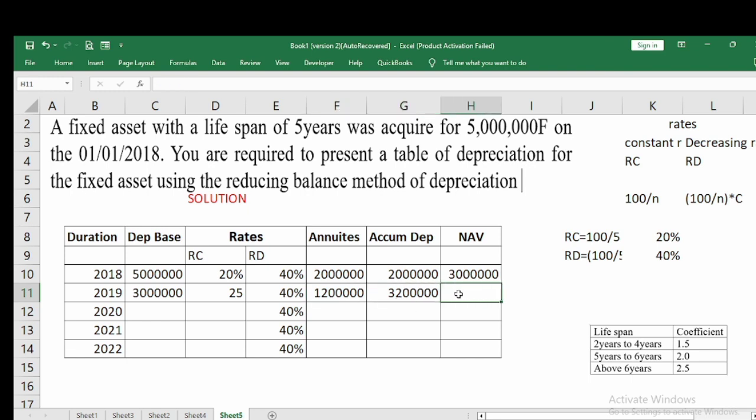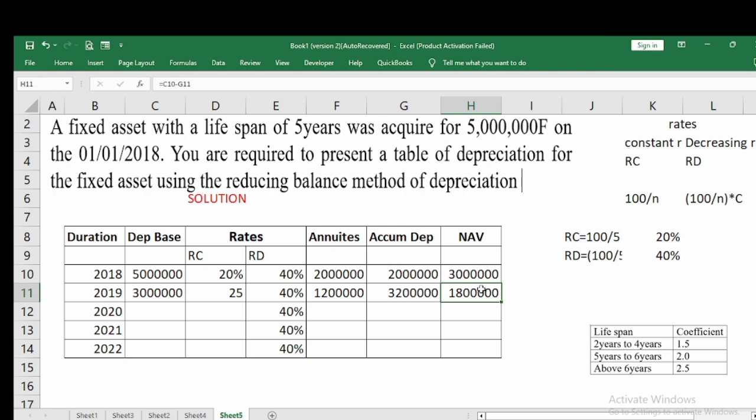So now the net accounting value at the end will be equal to the OV, which is the original value, minus the accumulated depreciation. So which will have what? 1,800,000. Our NAV, net accounting value, is calculated entirely on the original value of the asset, which is 5 million.